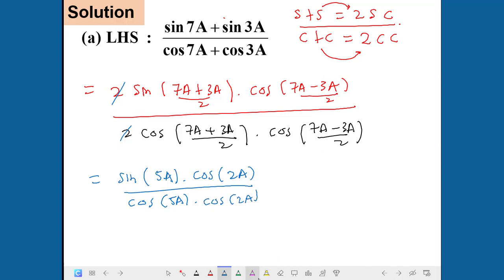Now this one cancels, and the answer is sine 5A over cos 5A. This one is equal to tangent 5A. So that is the right-hand side. So, settled for part A.